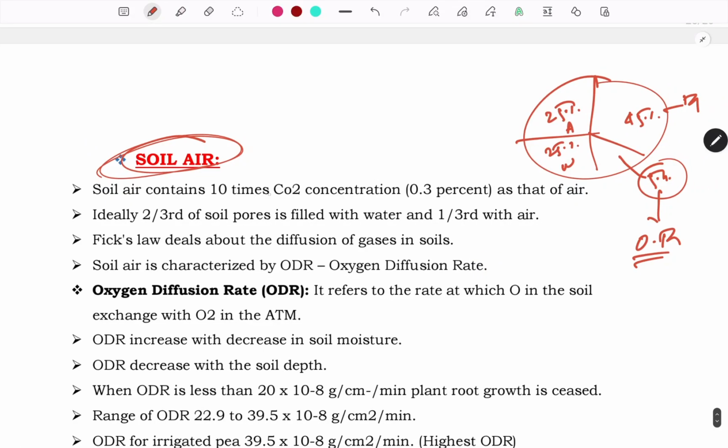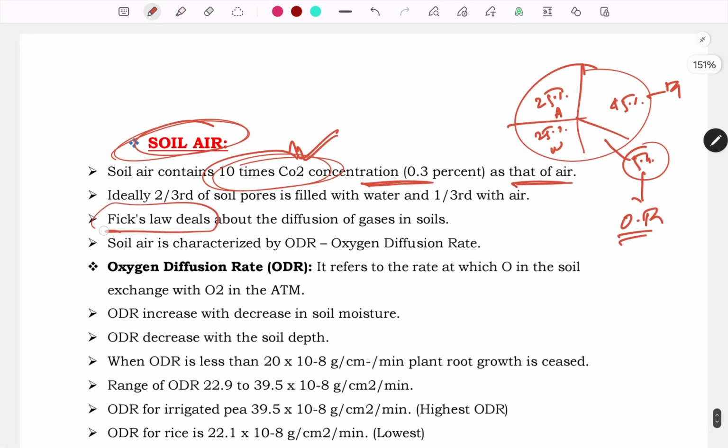And soil air contains 10 times more carbon dioxide than that of air. You remember this fact? Soil air contains 10 times more carbon dioxide than that of air.